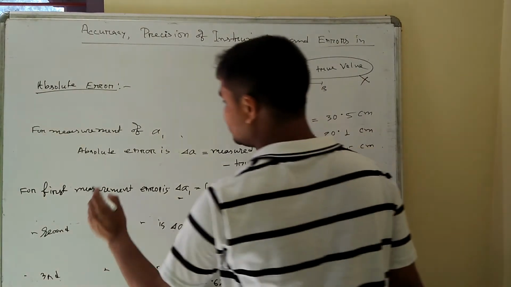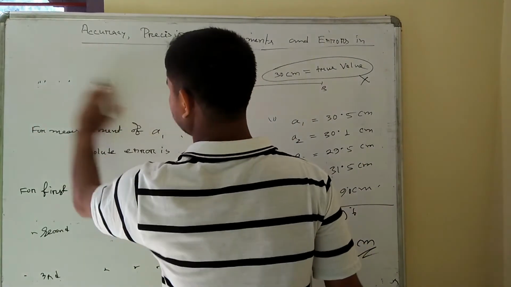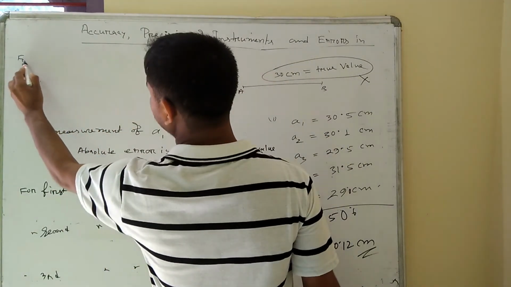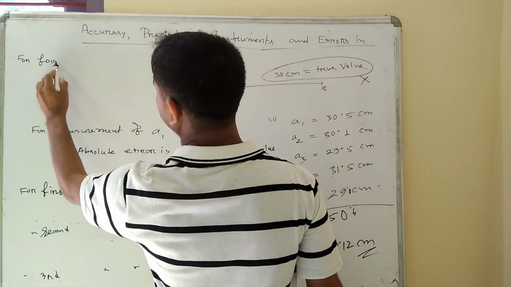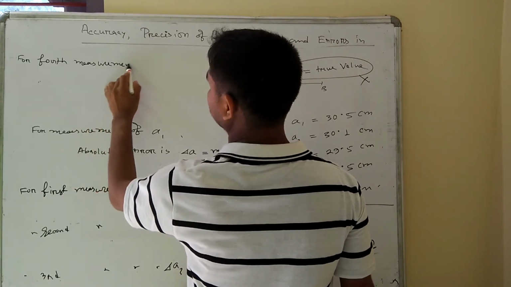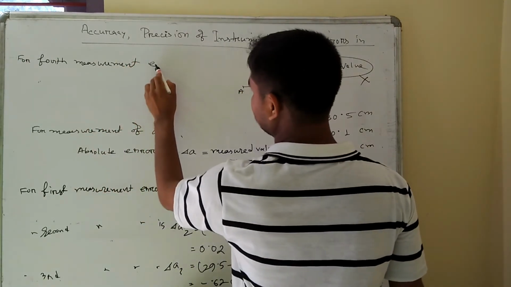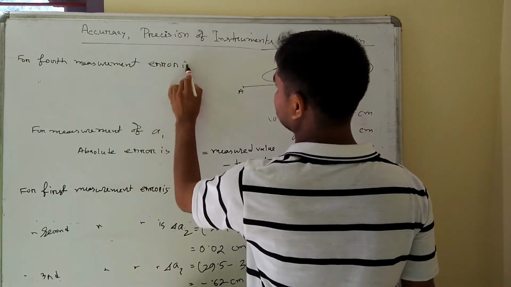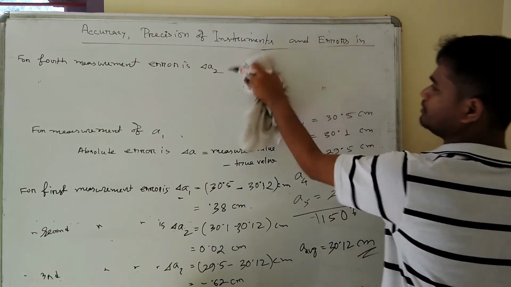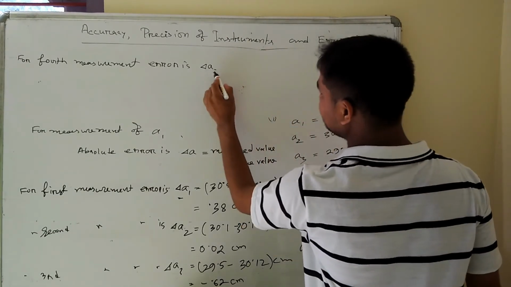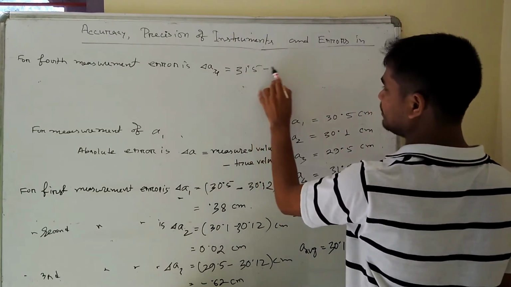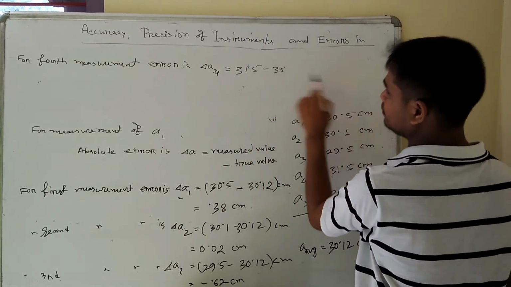Okay, for the fourth measurement, the error is delta A4, which is equal to how much? 31.5 minus 30.12.